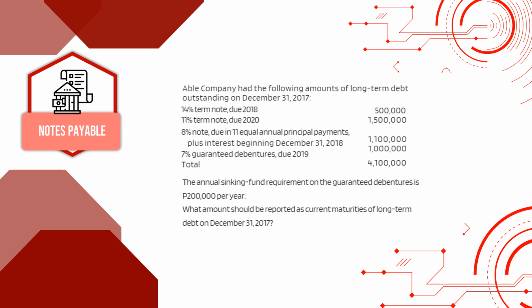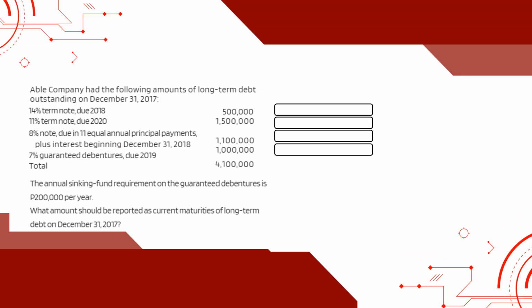So an example of this is Able Company. So Able Company, you'll see that they have various different long-term liabilities as evidenced by your 14% note, 11% note due 2020, 8% note that has 11 equal installments, and a debenture. So these are just fancy terms for long-term liabilities, right?